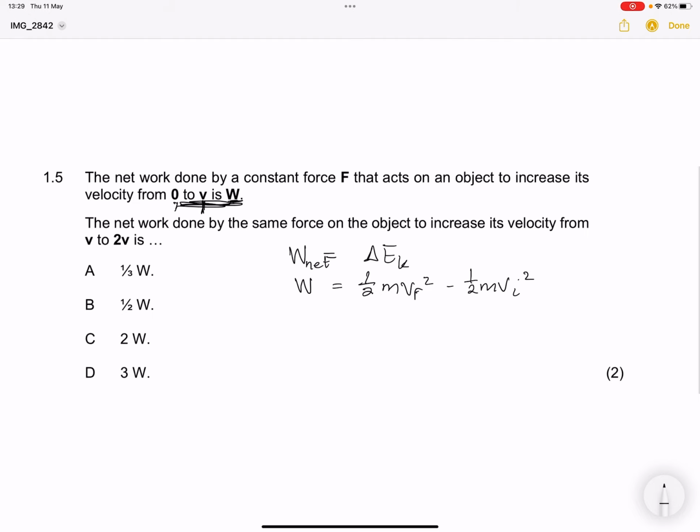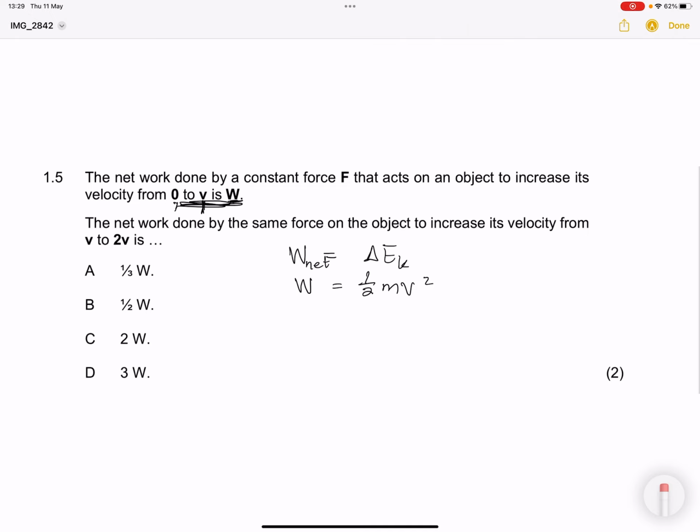So if the initial velocity is 0, it makes this entire term become 0, so we are going to get rid of that. And we know our final velocity is going to be v, so that's going to be half mv squared. So that means W is equal to half mv squared, right?